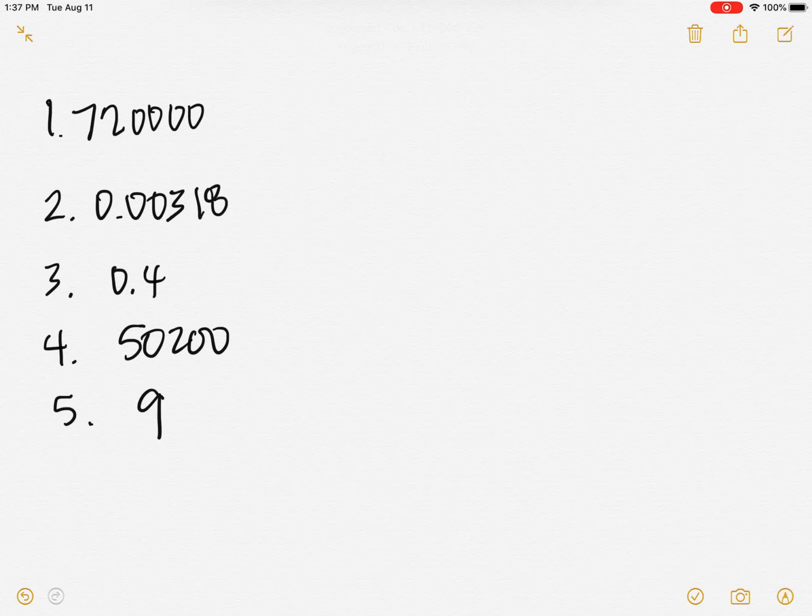So again, thinking about the fact that, remember in our example, we had 6.02 times 10 to the 4th, and my rule was that this coefficient had to be between 1 and 10, right? So what I'm thinking about is, where am I going to put that decimal to make those numbers between 1 and 10? So in this first one, I would want to put it right here, right?